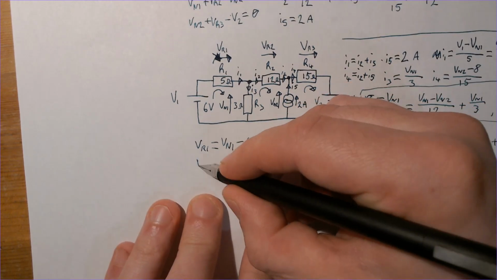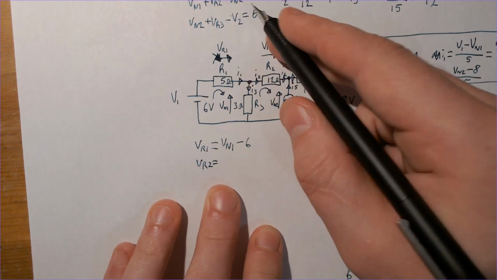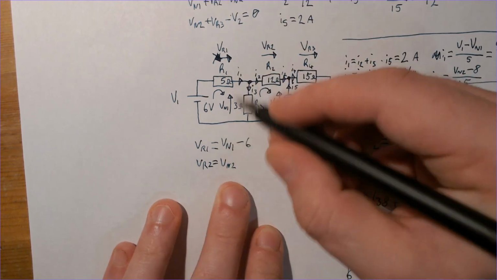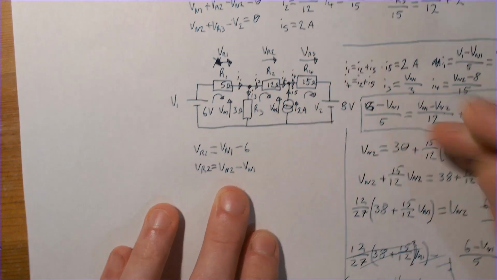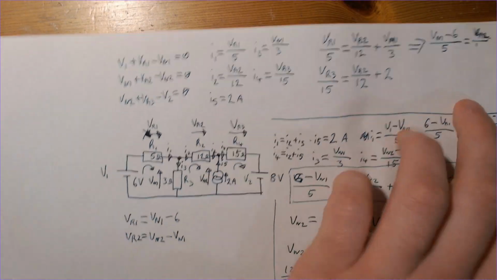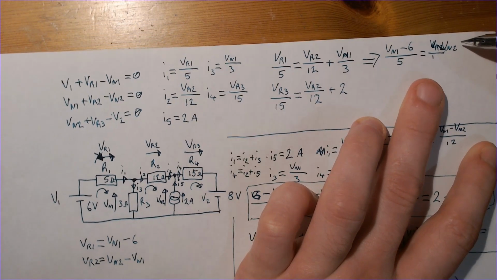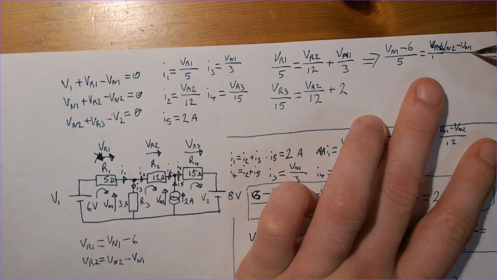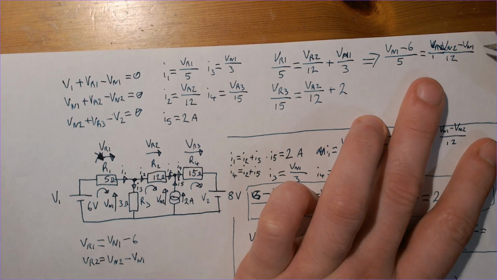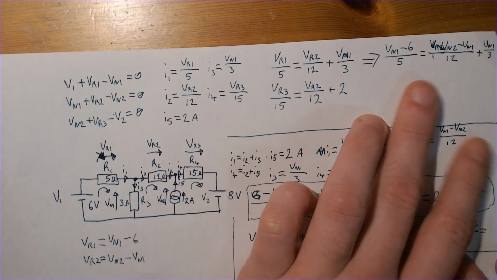So VR2 equals, and that goes over there, Vn2 minus Vn1, which isn't known. So Vn2 minus Vn1 over 12 plus Vn1 over 3. That's what that one becomes.